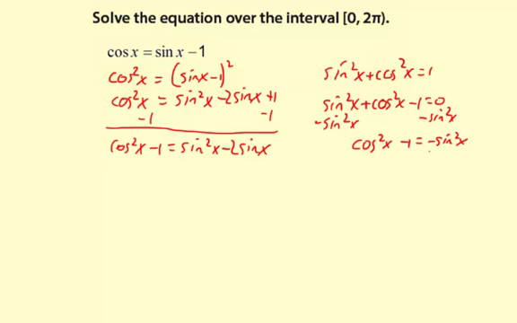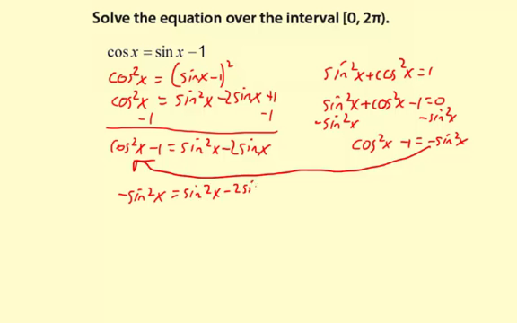So now I can substitute. Negative sine squared x equals sine squared x minus 2 sine of x. Then I'm going to add sine squared x to both sides.